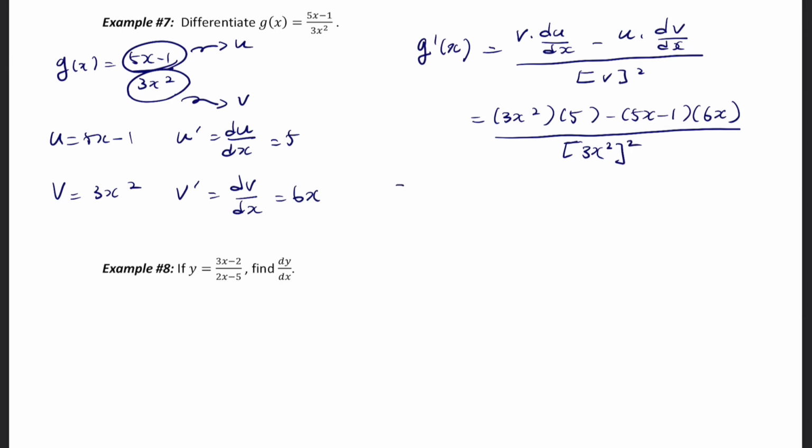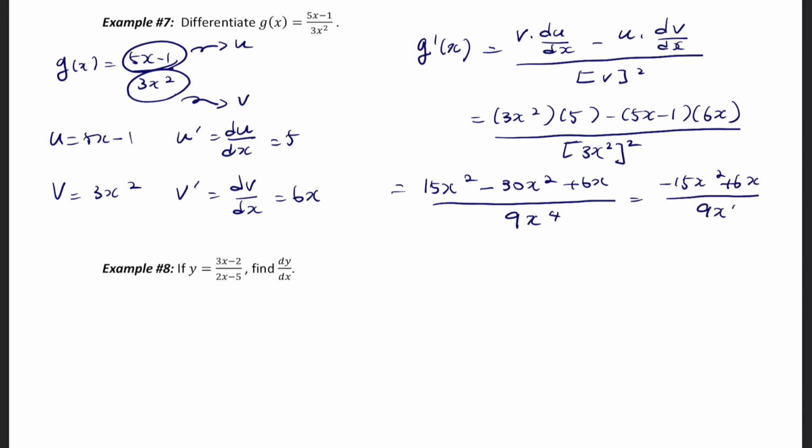Then we can expand all of this. We get 15x squared minus 30x squared plus 6x over 9x to the power 4. Then this is the same as negative 15x squared plus 6x over 9x to the power 4.